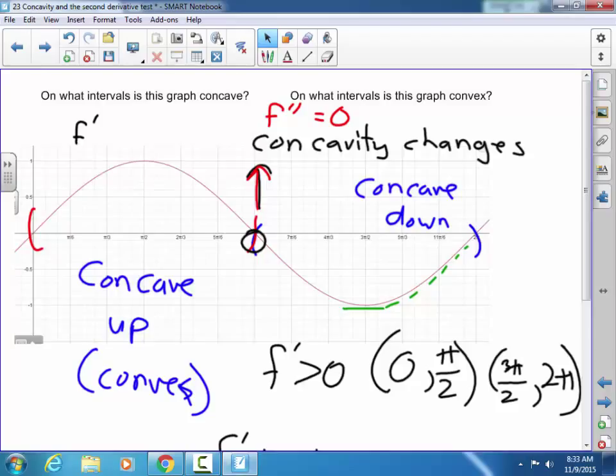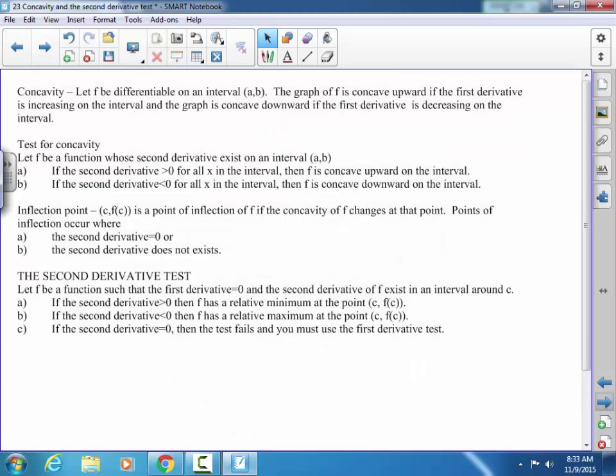And we can figure that out by looking at the first and the second derivative. So let's look in words at what we just talked about, okay? If the second derivative is greater than 0, then it's concave up. Now that's confusing. That's counterintuitive. So you've got to be sure that you understand that, okay?